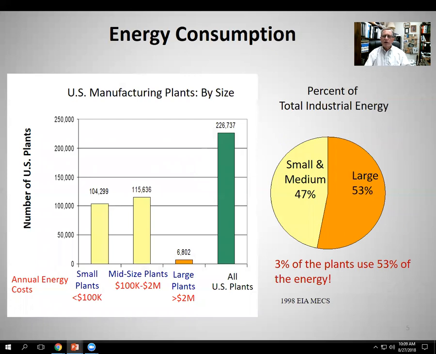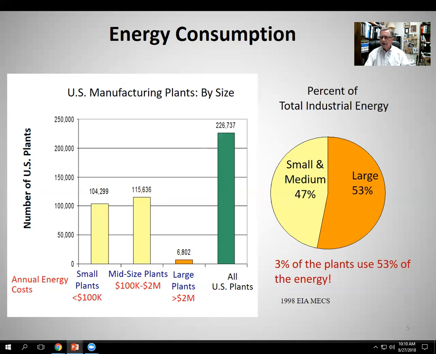This is looking at energy use in manufacturing plants by size. What you see is that there are a whole bunch of small plants that use a fair amount of energy. Then we have mid-sized plants that are using 100,000 up to 2 million. And then we have large plants, about 6,802 as of this point in time.